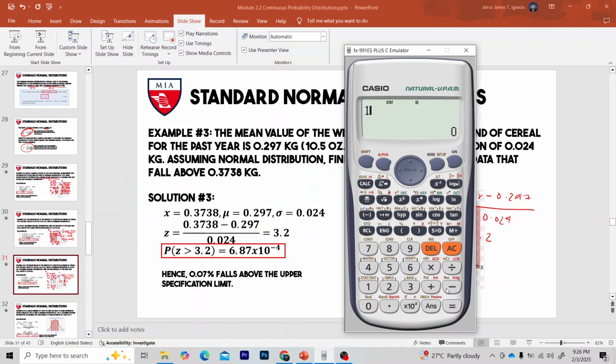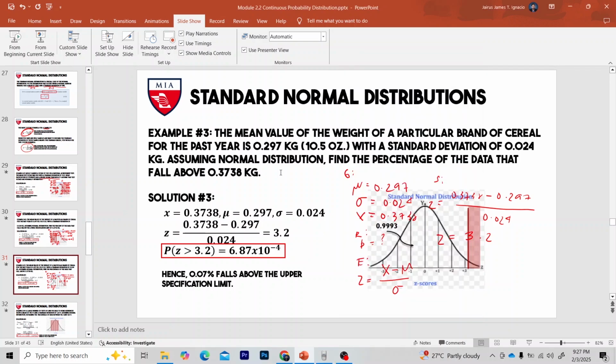Then 1 minus alpha A. So we have 6.9 times 10 raised to negative 4. It's just the same as this. Like I said earlier, if the value of your z is greater than the said value, subtract the z-score of that value from 1. So it's just the same as this.